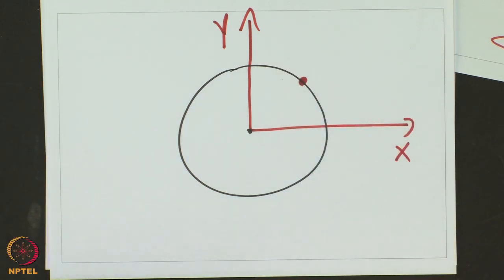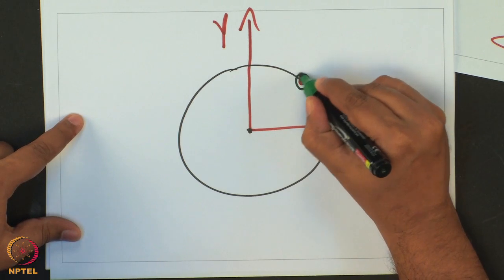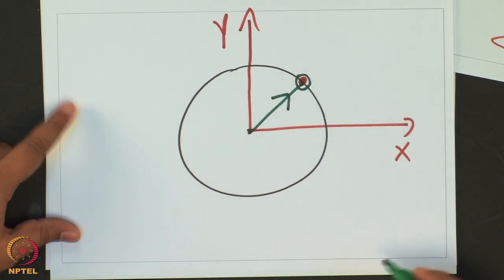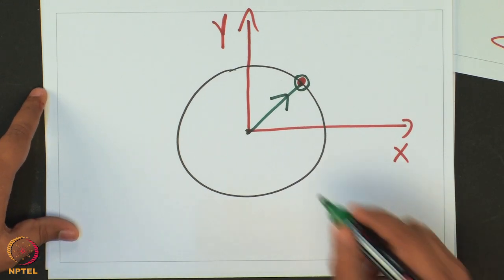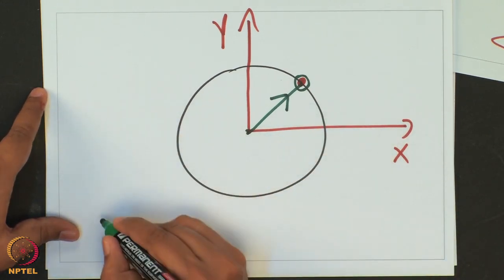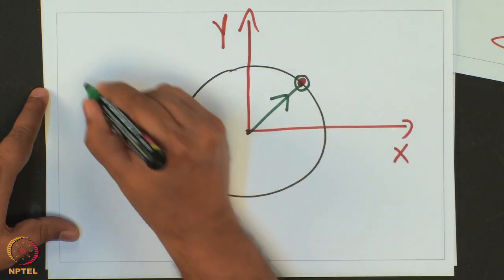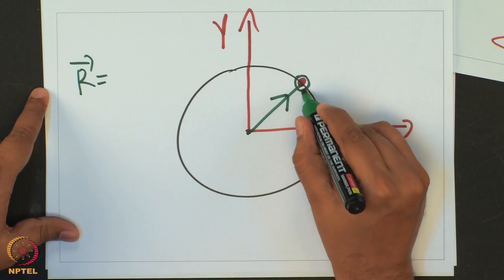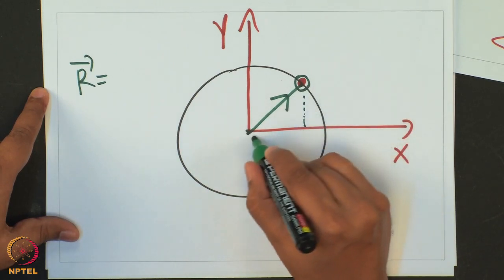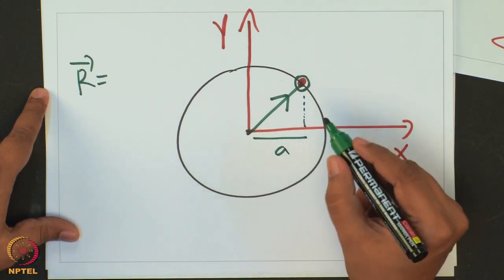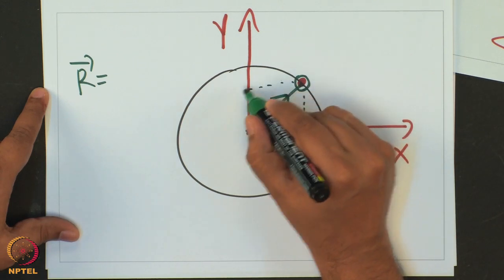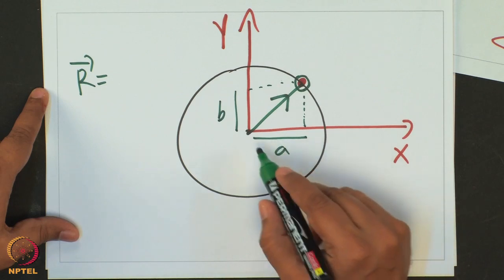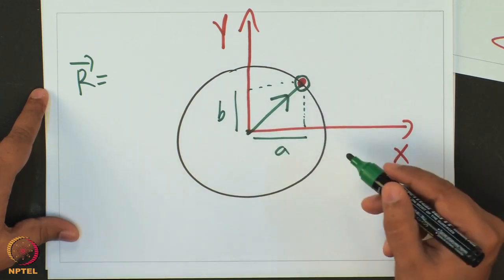Let us say we have some point of interest in the cell, and I can draw a vector from here to here. And we already learned that this vector, if I call it the r vector, I could call this distance a, which could be 3 units, 4 units, whatever, and this distance b, which is again some number. a and b are two numbers.